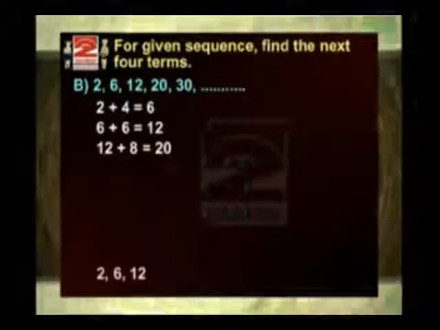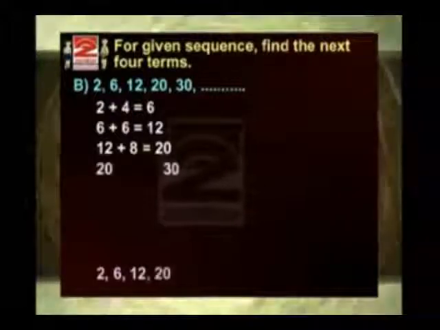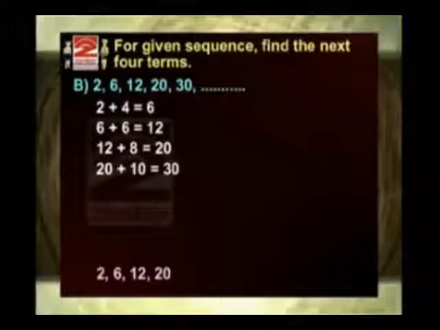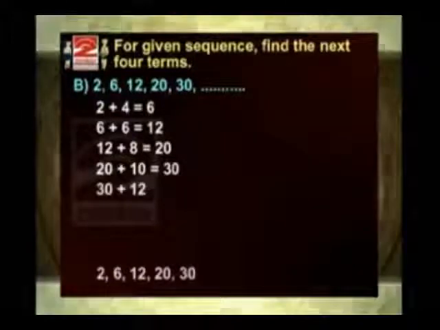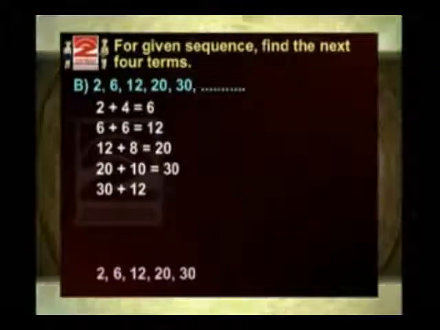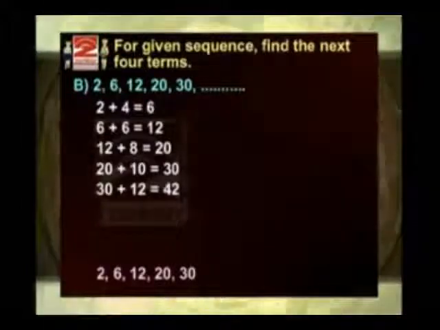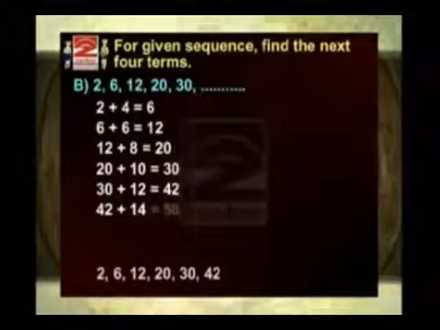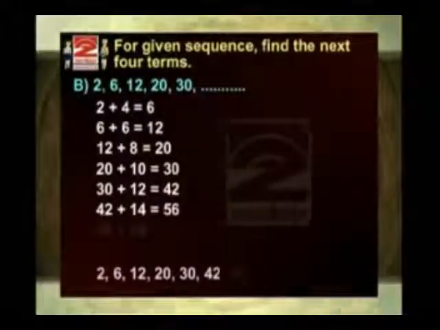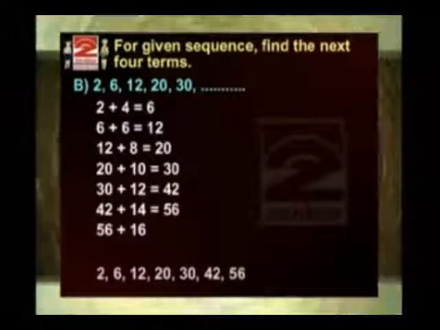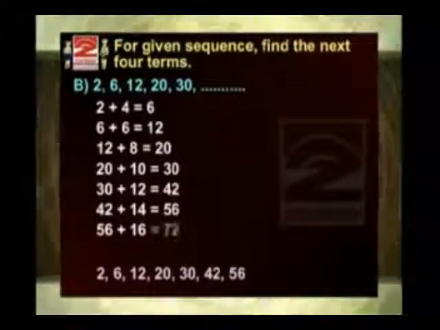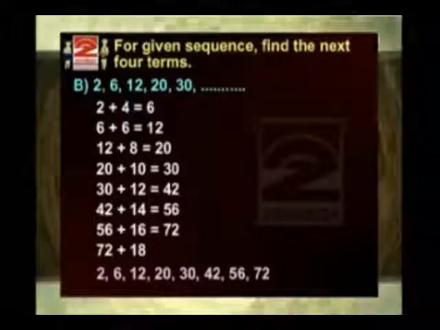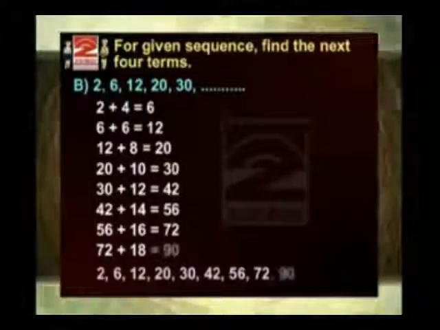And therefore, the difference in 20 and 30 must be 10. So, the next term must be 30 plus 12, that is 42. Next will be 42 plus 14, 56. Next one, 56 plus 16, 72. And next one, 72 plus 18 is 90.